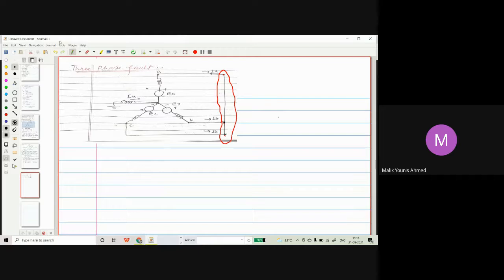At all the three junctions, the summation of the currents will be equal to 0. Have you understood or not? Mumin? Yes sir, understood. It's very simple.